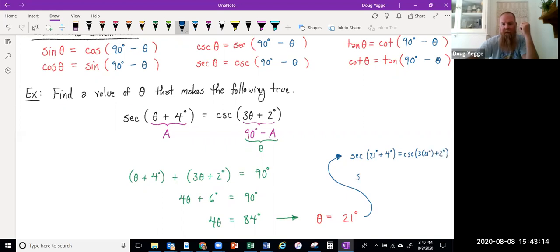That would imply that secant of 25 degrees is equal to cosecant, and if I work that out, that becomes 65 degrees. And sure enough, that should be true, because these are cofunctions of each other: secant of one angle should be equal to cosecant of the complementary angle.